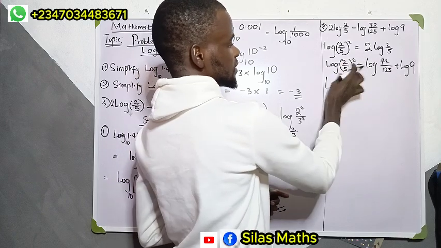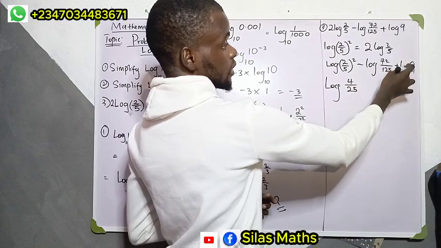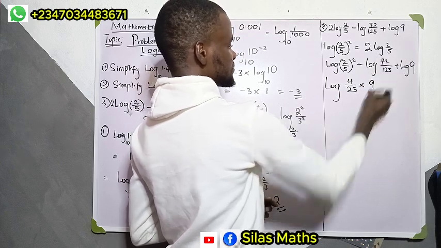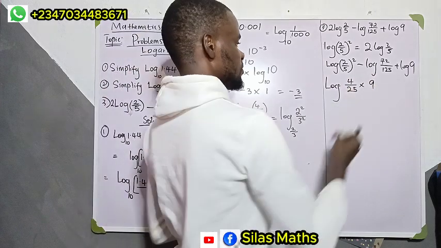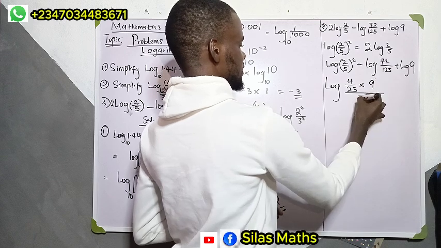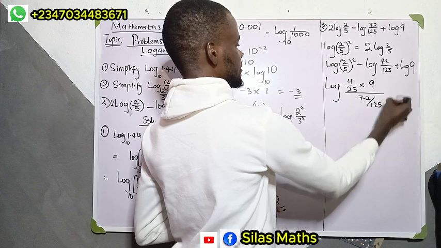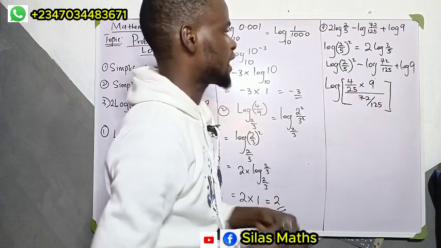Then these two are adding, so they are going to be multiplying rather. So I will have times 9. Then for the subtraction, I'm going to have this divided by 72 over 125. Yes, this is the expression I'm going to have.